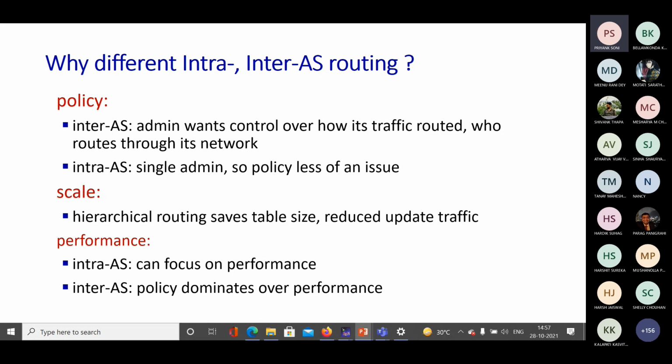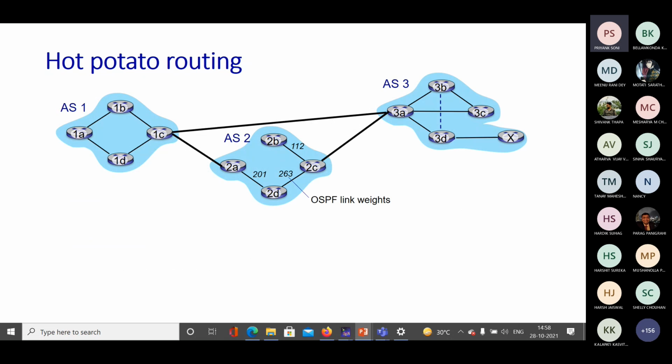But in the case of inter-AS routing, policy matters more because the admin has to know and control how the traffic is routed within this entire set of ASs. Okay, who is routing through the given network, who is routing through which network. So that information is much more necessary. So policy dominates over performance when it comes to inter-AS routing.